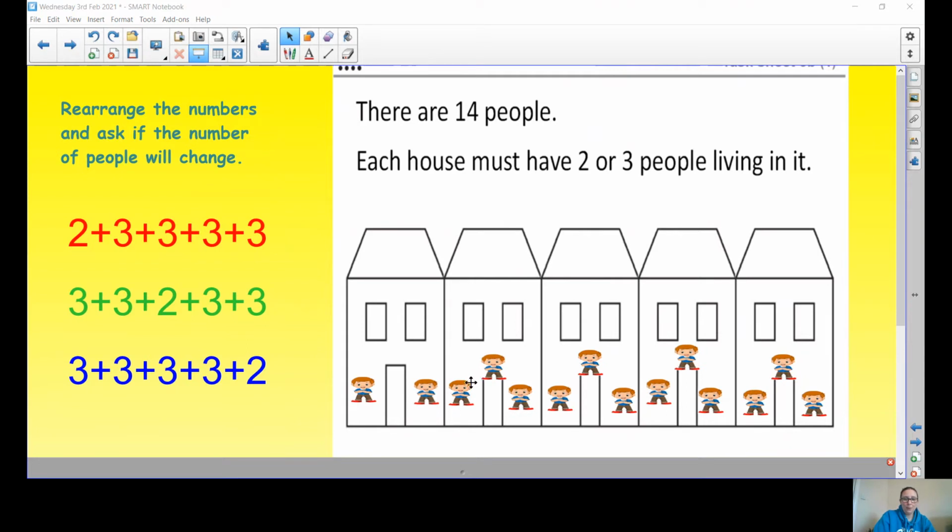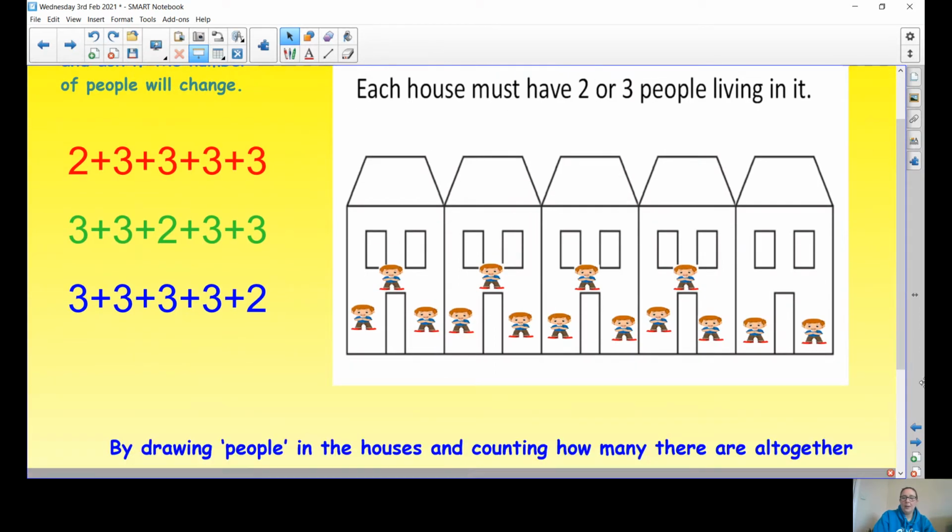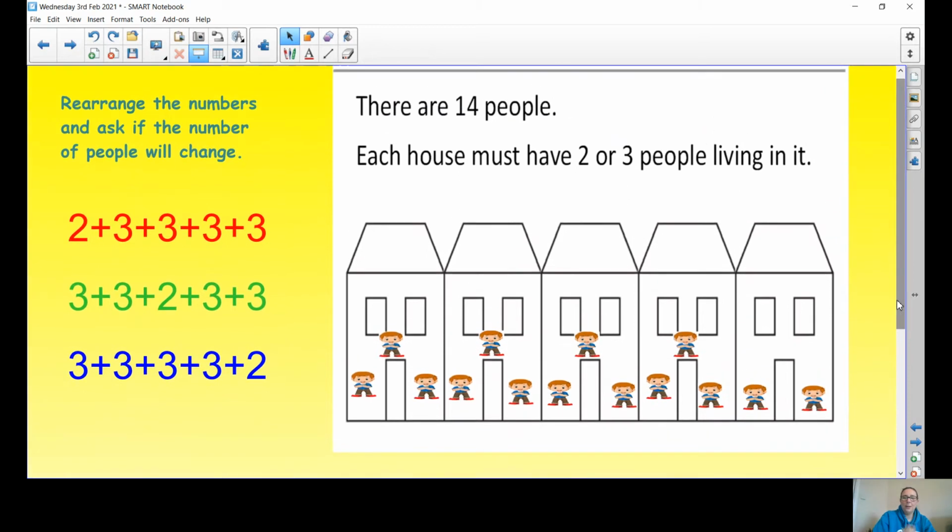Now we could move those people. So we've got 3, 3, 2, 3, 3. Still got 14 people, but they're arranged differently. Or you could have 3, 3, 3, 3, 2. Are there other ways that we could arrange those people?